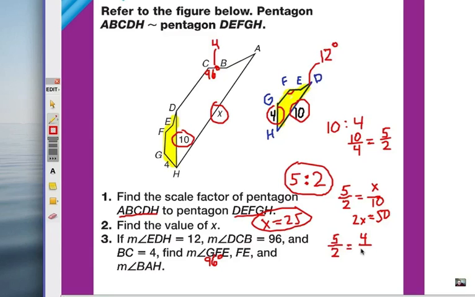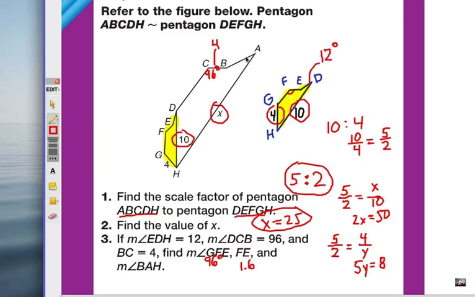That means, again, we can write a ratio using the scale factor. 5 over 2 equals 4 from the large pentagon, and I'm going to call this y, so we don't reuse our x variable there. We're going to cross multiply and get 5y equals 8. Divide each side by 5, and that will give me 1.6.